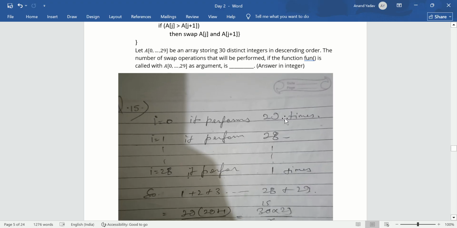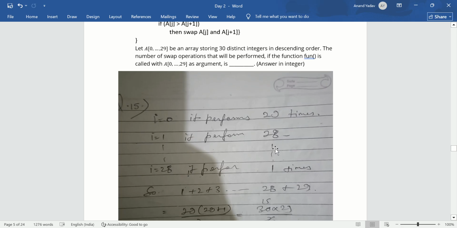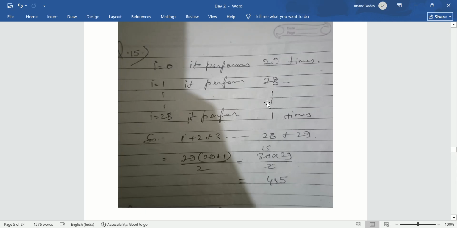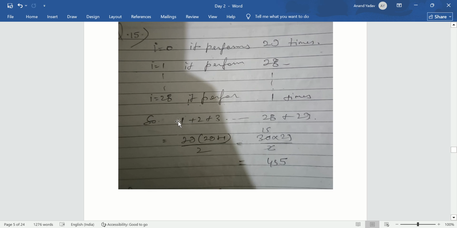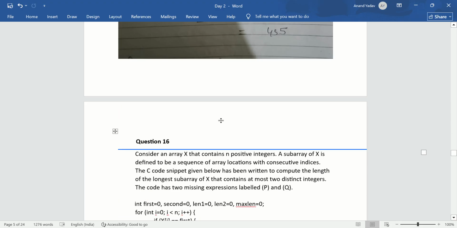So if i is equal to 0, it will perform 29 swap operations. If i is equal to 1, it performs 28. Further on it continues up to 1. Then it will calculate the sum of 1 to 29, which is 435. So the answer to this question is that 435 swap operations are performed.